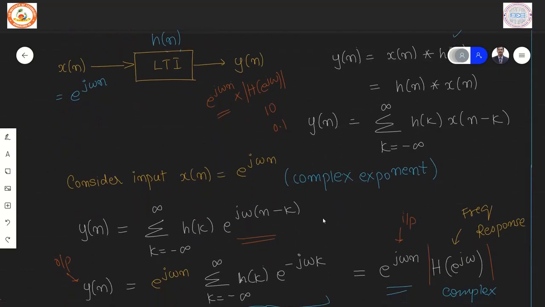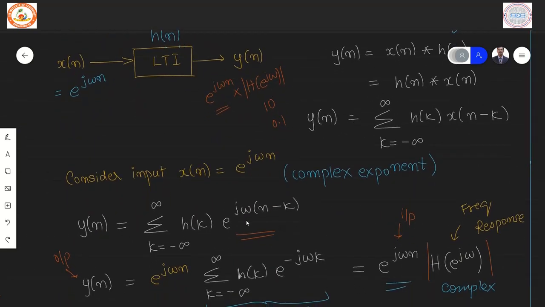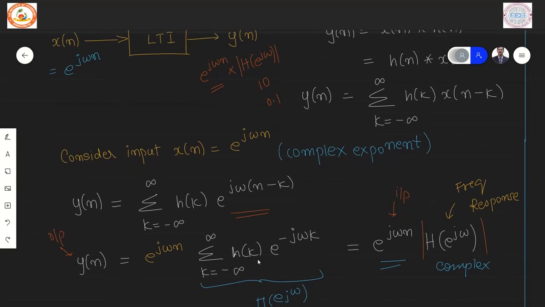Now the exponent could be split into two terms and it becomes e power of j omega n into e power of minus j omega k. The term e power of j omega n is independent of k. Hence, it can be taken outside the summation. And what remains is the quantity which is shown here.